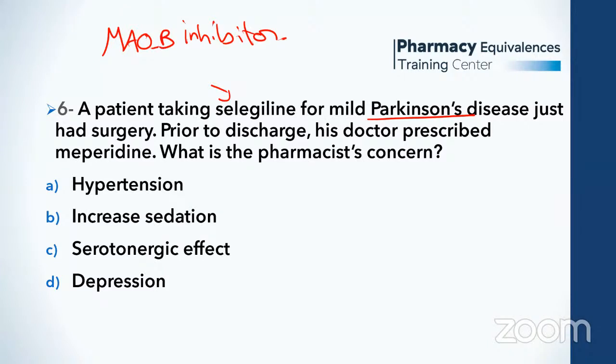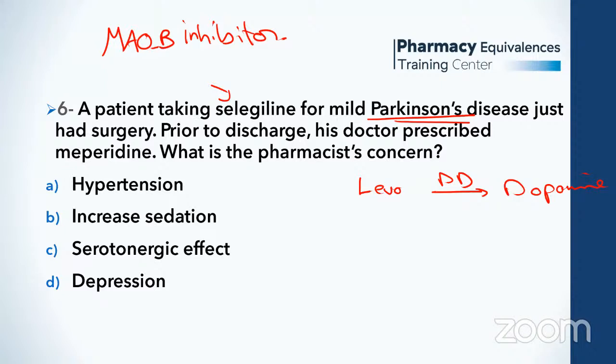So when we inhibit the MAO-B enzyme, what will happen? The activity of the monoamine oxidase enzyme will not act. Here we are talking about a patient having Parkinson's. In Parkinson's, we need the conversion of levodopa into dopamine by the action of dopa decarboxylase enzyme in the brain.